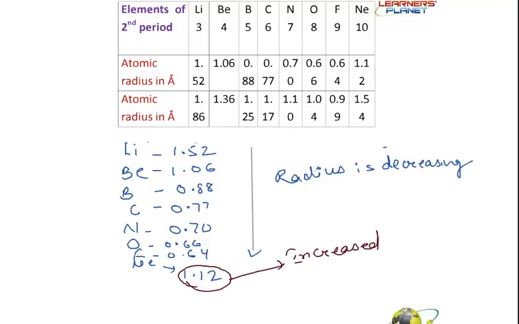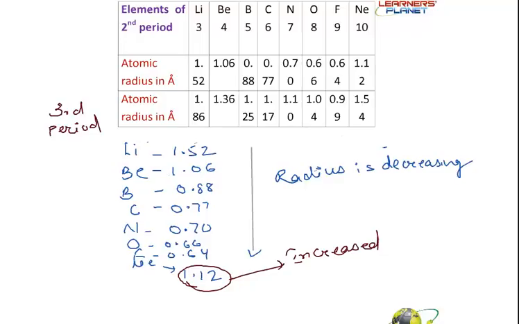Likewise, you check this for the third period. What are the elements of the third period? They are sodium, magnesium, aluminium, silicon, phosphorus, sulfur, chlorine, and argon. So what is happening to the atomic radius? It keeps on decreasing, and it increases at the last.